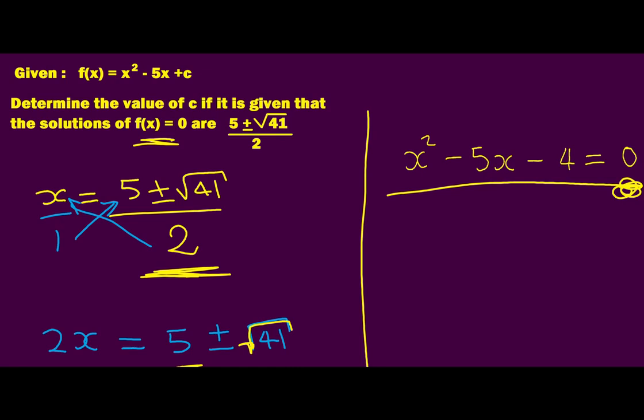So I'm going to start with this part and write the equal sign on the other end. So it's x squared minus 5x plus c equals f at x, whereby f at x equals 0, right?